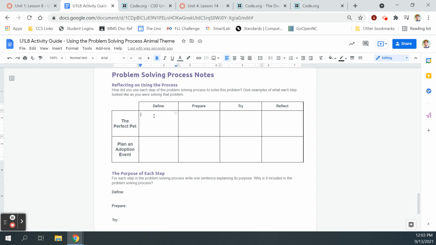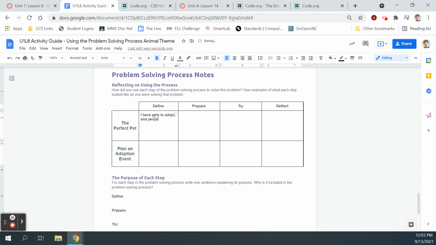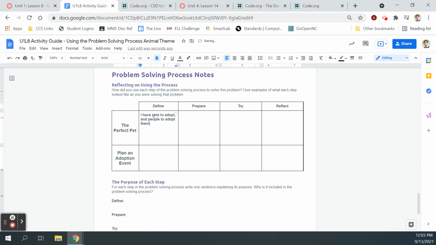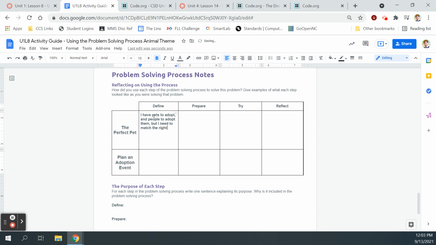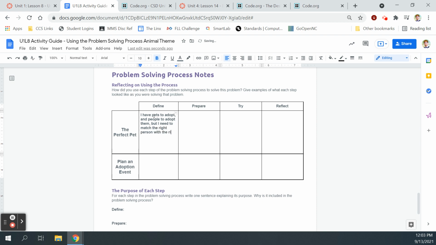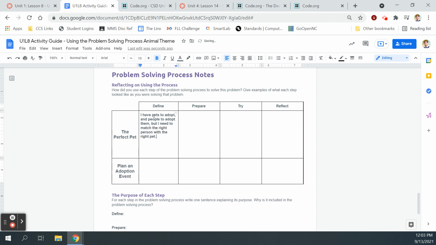So the problem was I have pets to adopt and people to adopt them, but I need to match the right person with the right pet. So that's defining the problem.